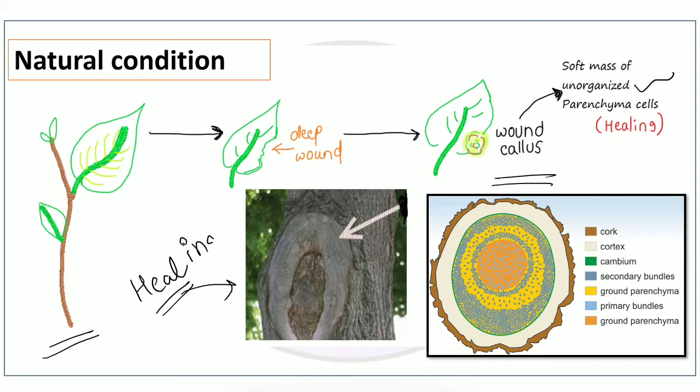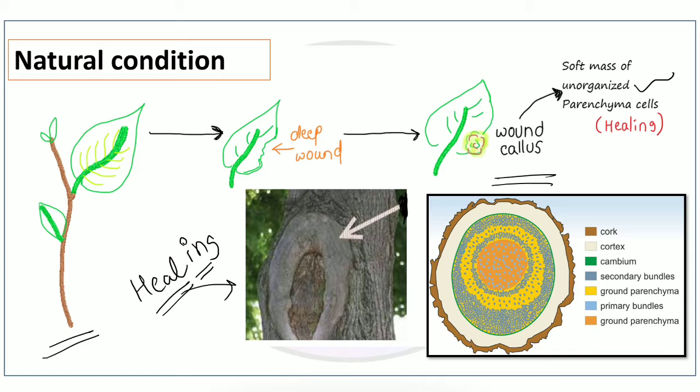It is majorly involved in the healing process of the trunks. Also remember the growth of such wound callus is very much limited. It is not going to divide constantly. It is for a limited period of time. This is the first natural condition where certain kinds of wounds cause the formation of this kind of callus.